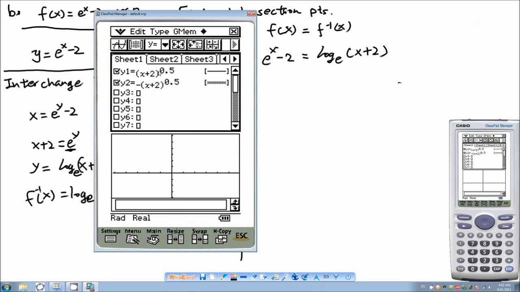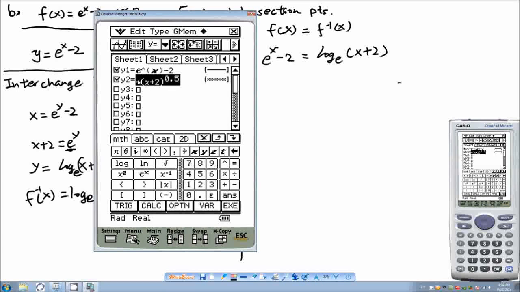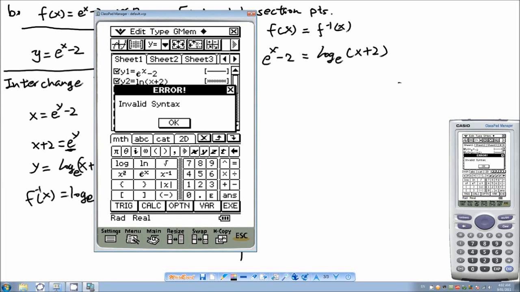So I will have e power of x minus 2 as one function, and log base e of (x plus 2).